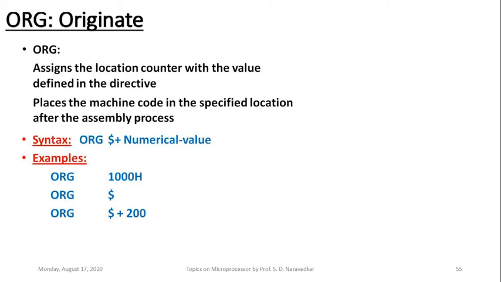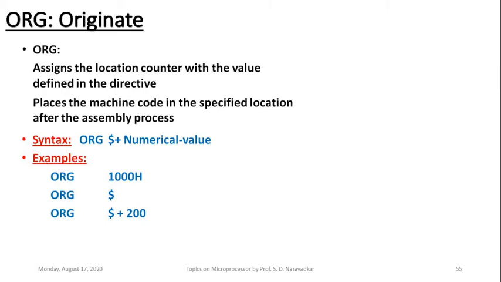It means that the machine code generated after the assembly process can be stored or placed at a fixed memory location, an absolute location, which is the first case, 1000.